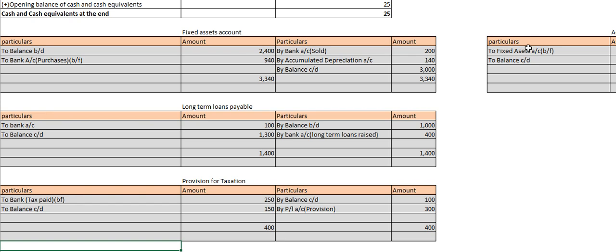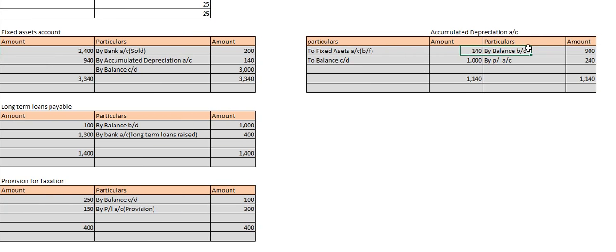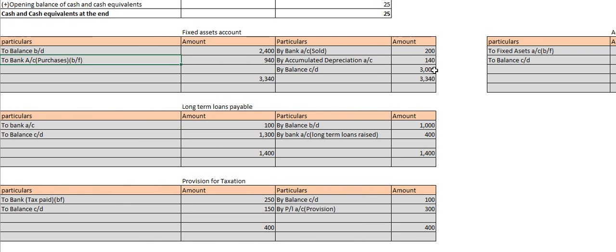Before this, if you prepare your accumulated depreciation account, by balance brought down 900, to balance carried down 1000. Your current year depreciation, which is given in your profit and loss account, is 240. So your balancing figure is how much? 140, which is nothing but the fixed assets account. So that corresponding entry will come here as by accumulated depreciation account, which is 140.